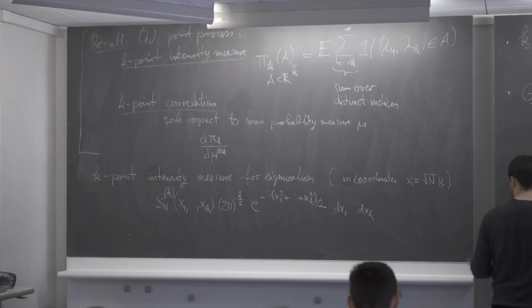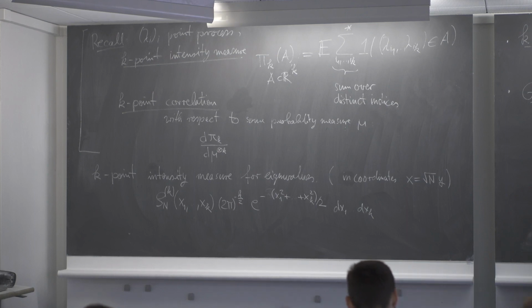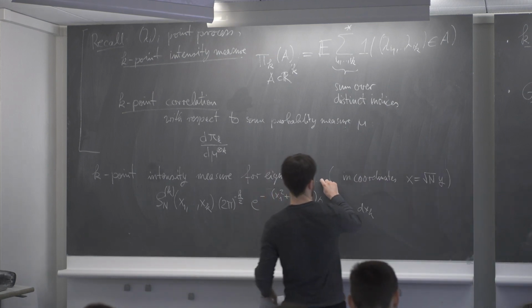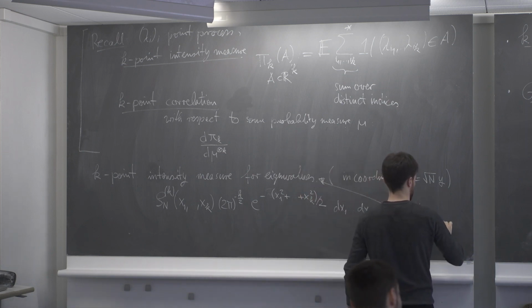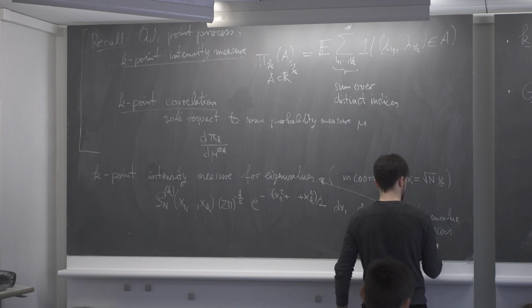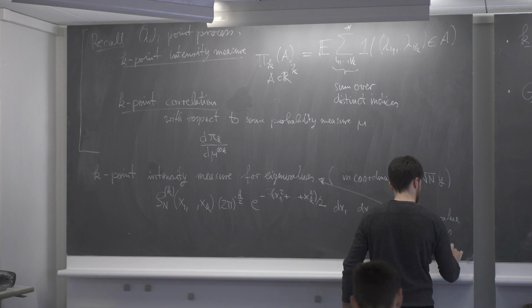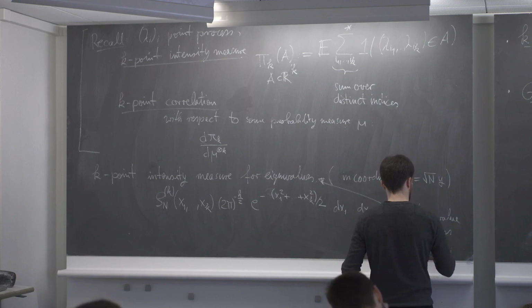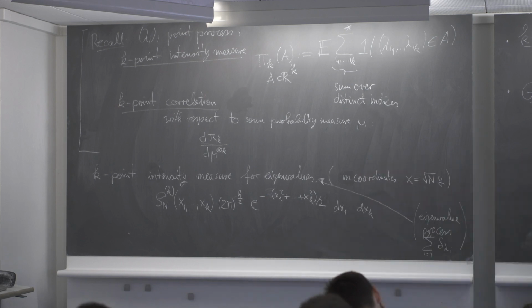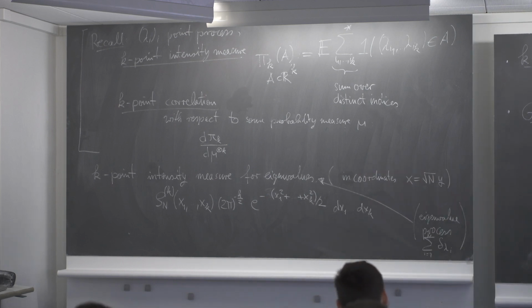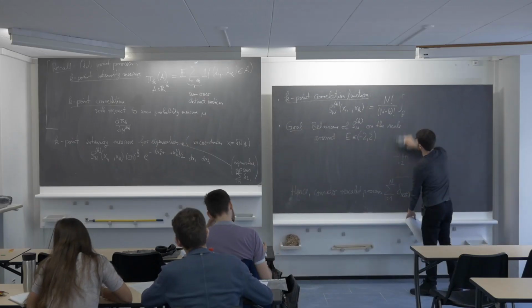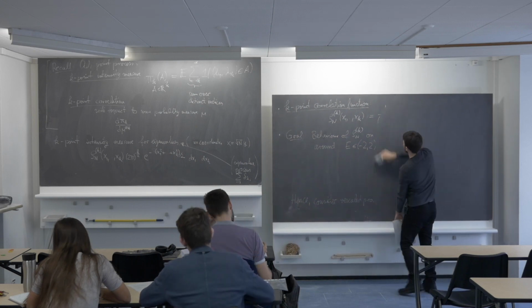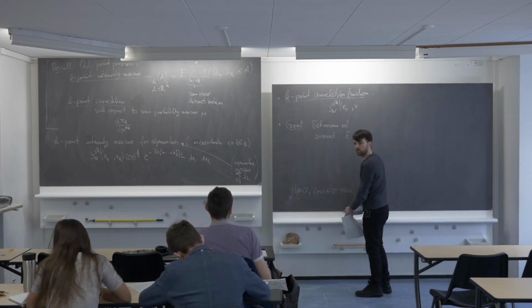And maybe I should mention this here. The eigenvalue process is the one where I just put a Dirac mass at each eigenvalue. And now the good object, as I tried to motivate before, is this rescaled process.